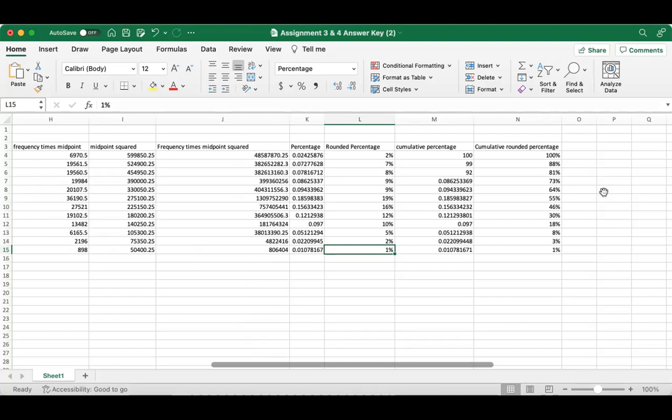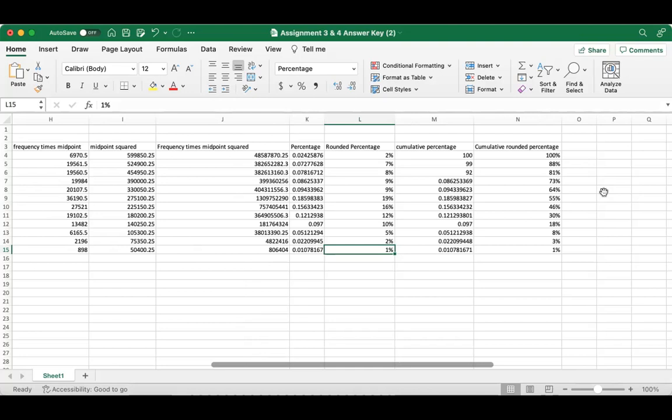And 2.4%, 2%. So all we do is round them based on what they were to the thousandth place. Everyone get a sense of how we got there?